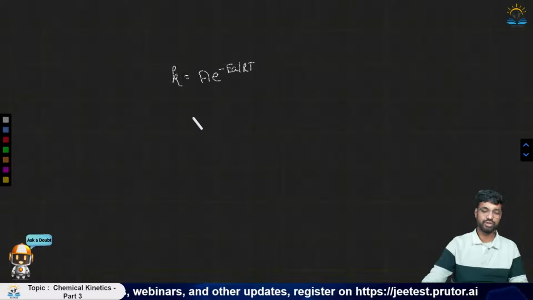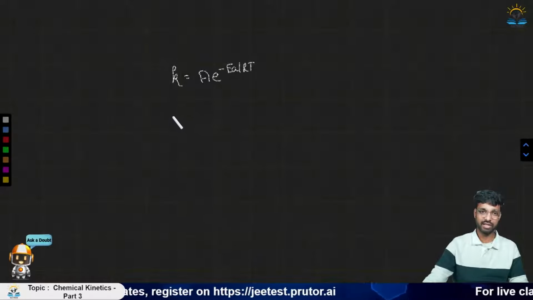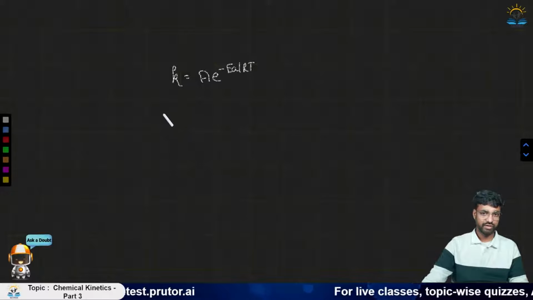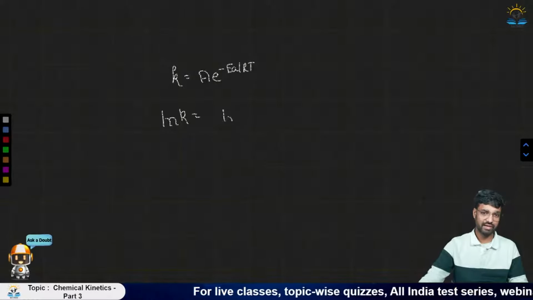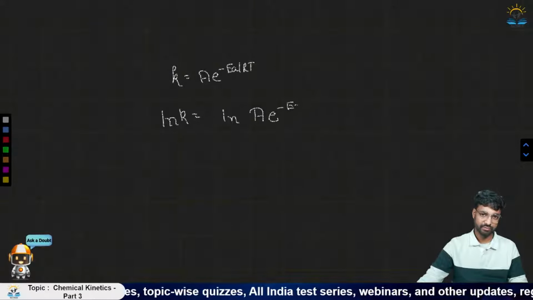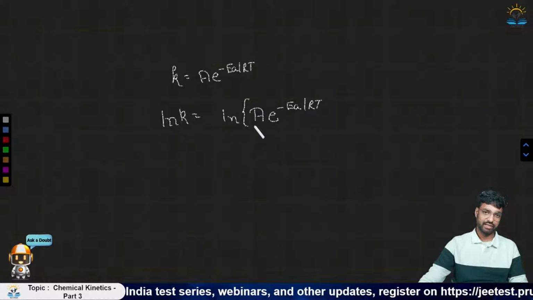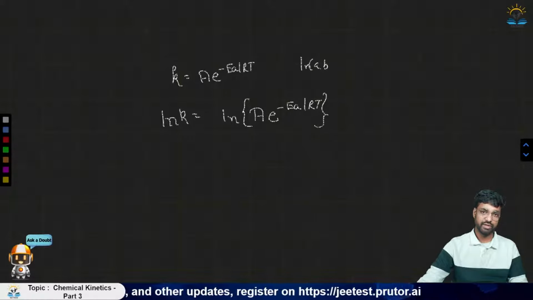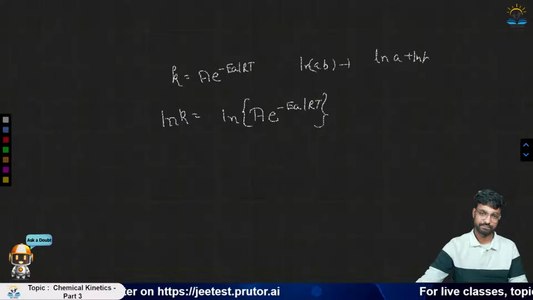I have told you three rules of logarithm, or you can say four rules particularly, including ln = 2.303 log. So if you take the ln here, that will give us ln k = ln (A e^(-Ea/RT)). Now we know very well that ln(a × b) = ln a + ln b.